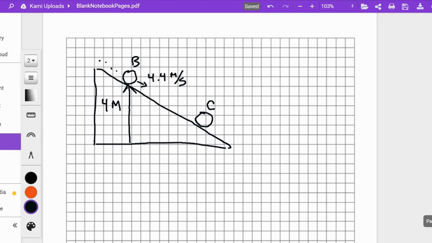So it's moving at this point, so it's going to have kinetic energy and potential. At point C, it's going to have a little bit of height. Let's make this 1 meter. And the goal is to find out how fast it's moving. And so I'm going to circle the velocity here. We want to find out how fast it's moving.